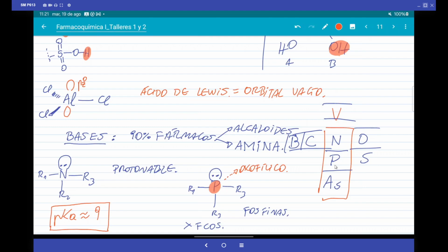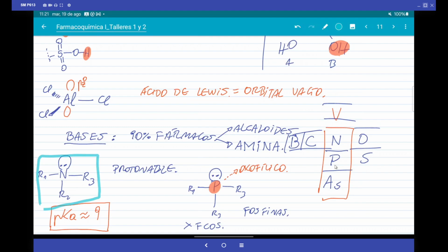Therefore, if you ask what other group is going to be basic in the case of drugs, the truth is that we do not have more options. The base par excellence is the amine.